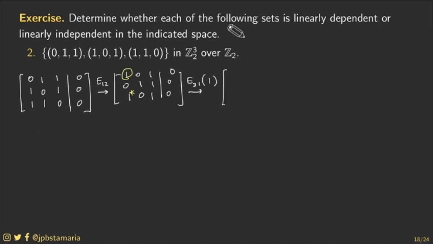Or in other words, you just add the first row and the third row because 1 plus 1 is 0. But of course, we will not change the first and the second row. Only the third row will change. So we're going to add the first row to the third row. 0 plus 0 is 0. 1 plus 1 is 0. 0 plus 0 is 0. As you can tell from here, the matrix is already in RREF.